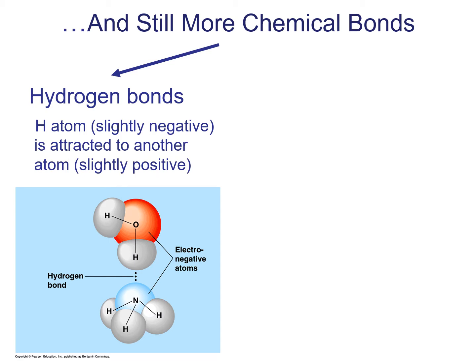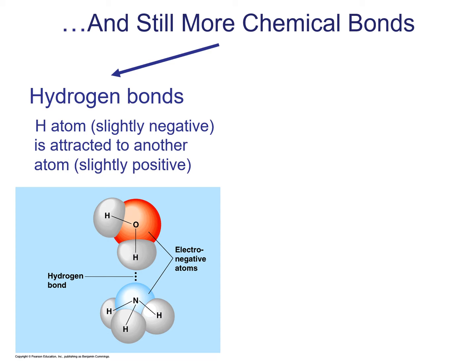Ammonia is NH3. So if you remember, nitrogen has 5 electrons in the valence shell, so it's got a valence number of 3. It needs to assimilate 3 pairs of electrons to fill its shell. And it does that by attaching to hydrogens.